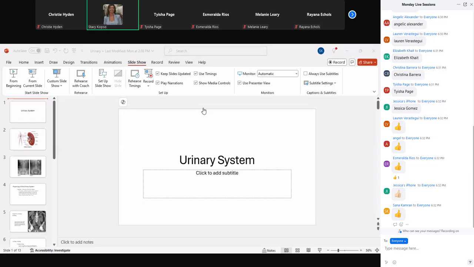So in that announcement, I did include these urinary system PowerPoints as well. Any questions on any of that material? Okay.